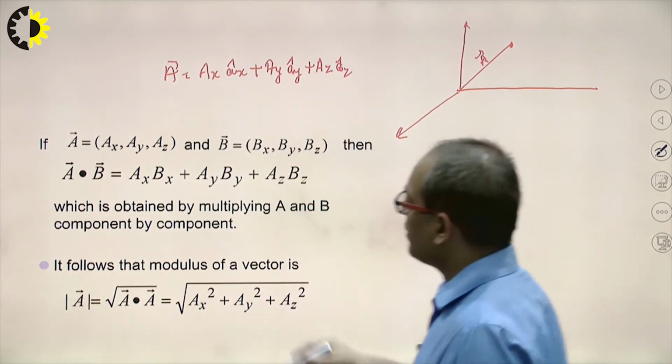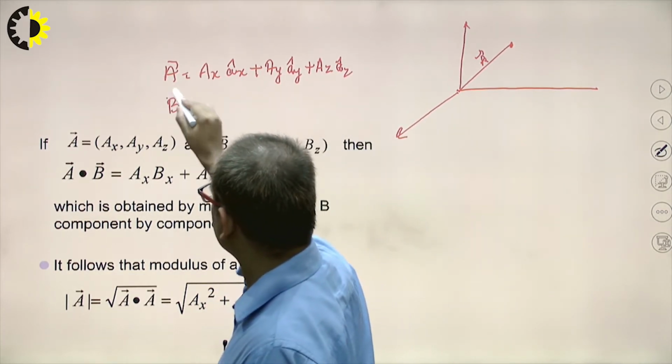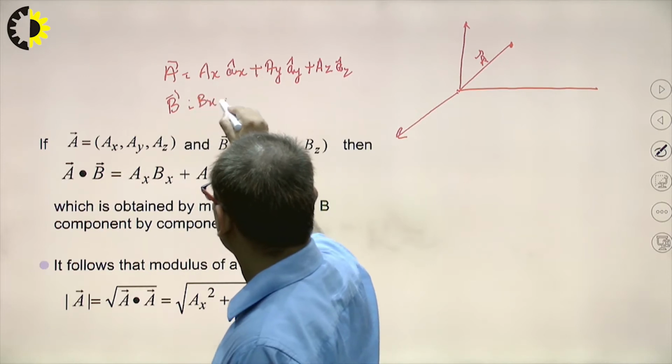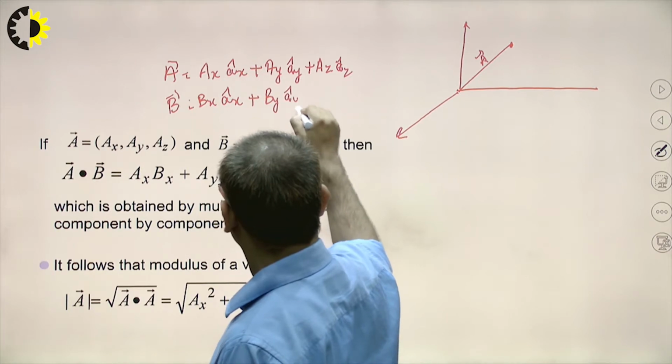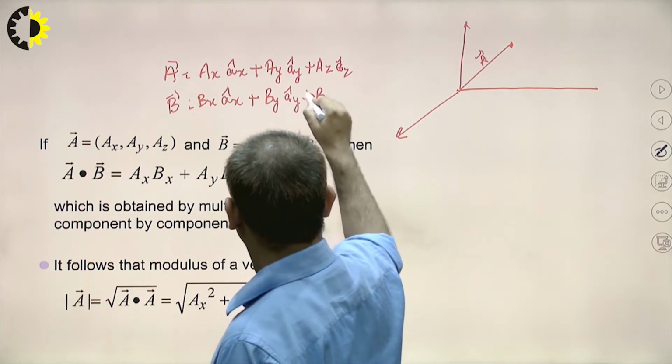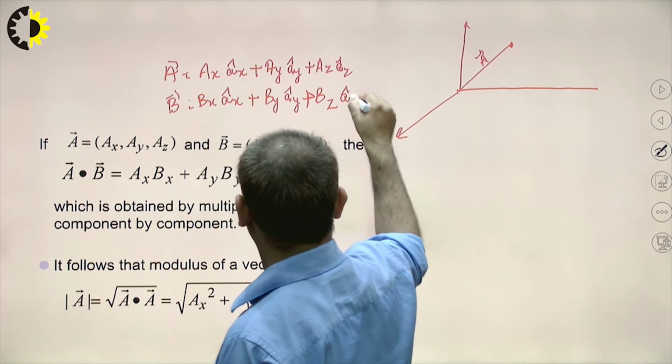Clear? And B vector is represented by Bx a cap x plus By a cap y plus Bz a cap z.